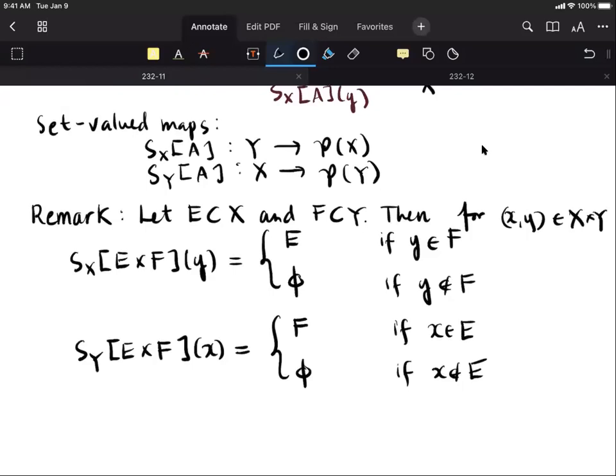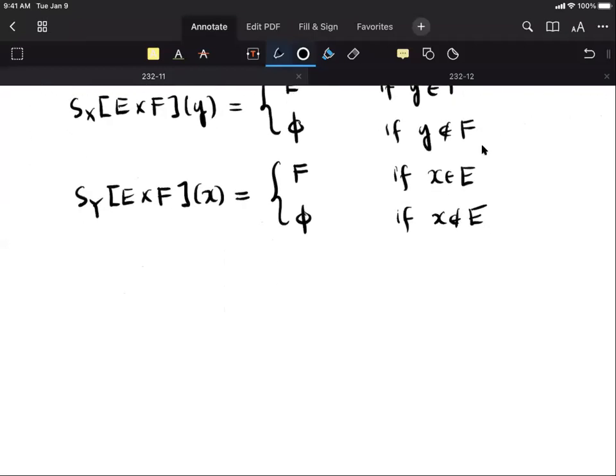More can be said if A is an element of the product sigma algebra. And let us state this as a lemma.